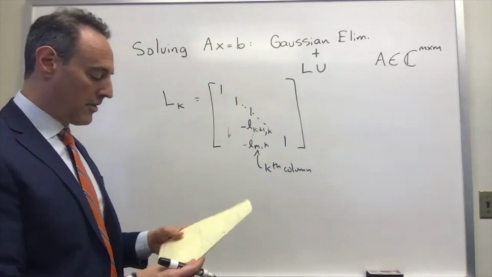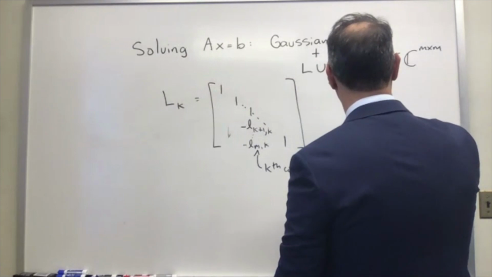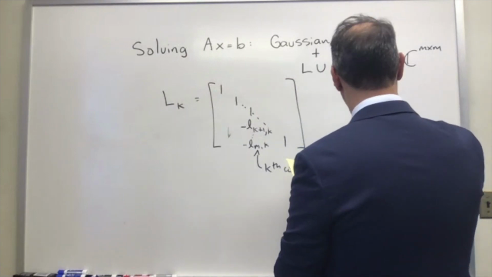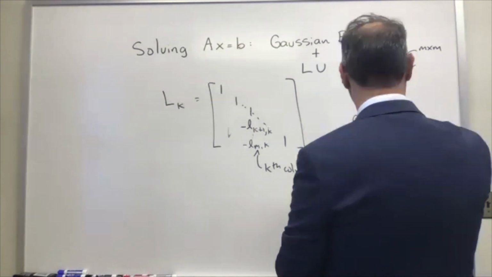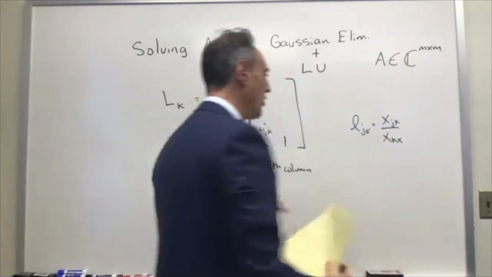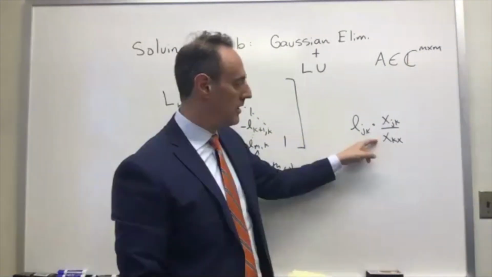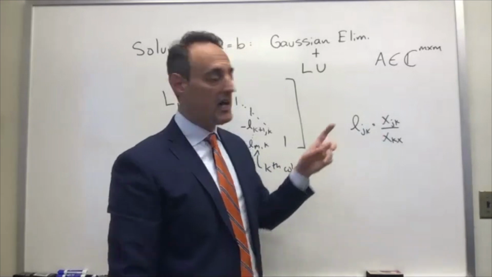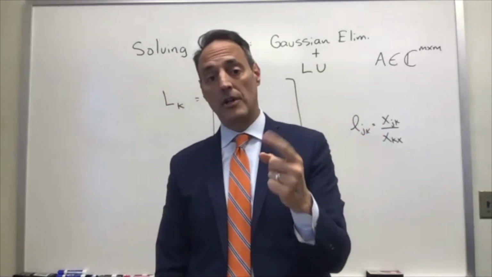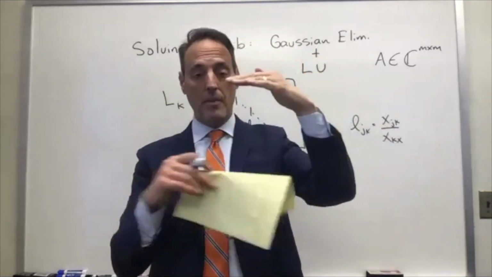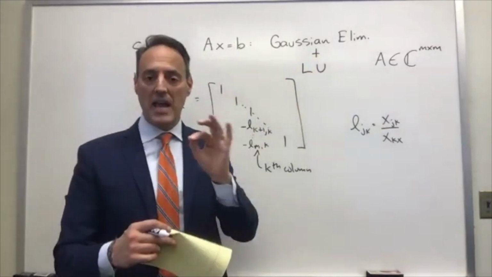Well, what these numbers are going to be, I'm going to show you here. l_{jk} is equal to x_{jk} over x_{kk}. So when I go to the kth column, this is the ratio of the term I'm looking at divided by the diagonal term. Now, the reason this is important is that this is exactly what you computed when you did Gaussian elimination. If I want to take two rows and make one 0, I have to make the two numbers in that column the same.